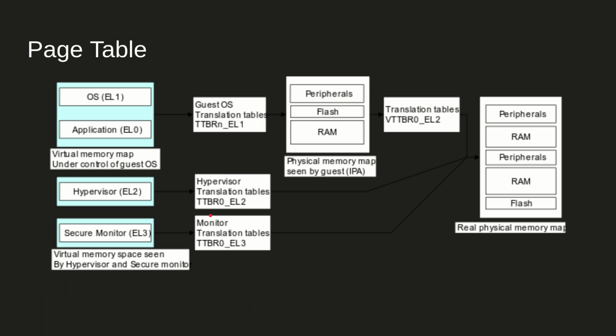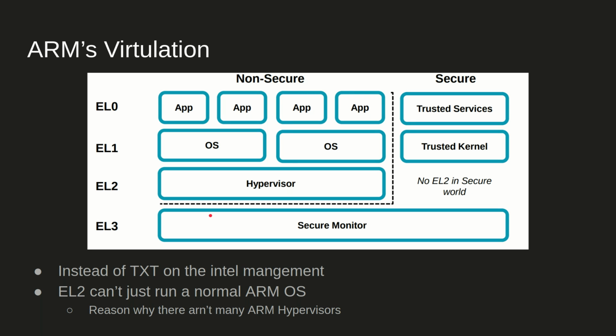Yeah, cool. Next one. I probably need to describe how virtualization works. Most of the time, it makes things running in EL1 and EL0 think they're running on bare metal, but really they're being swapped out, trapped, and emulated.